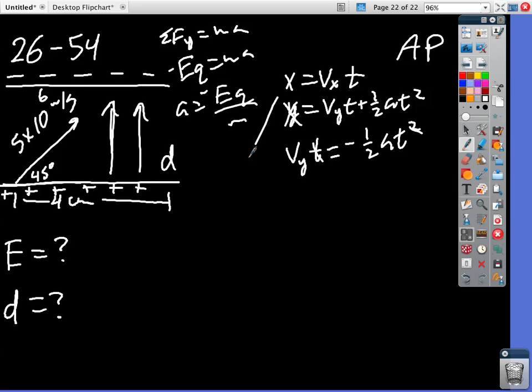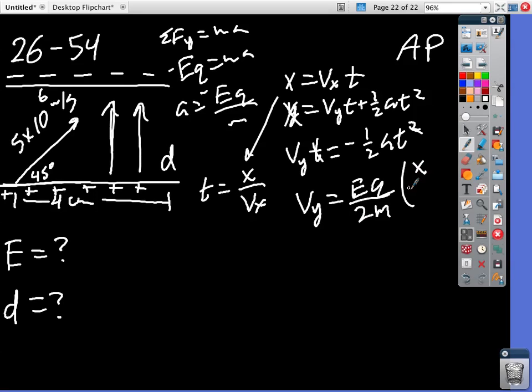And then over here, I take this and say T is X over Vx. So then I say Vy is equal to EQ over 2M and then times X over Vx.